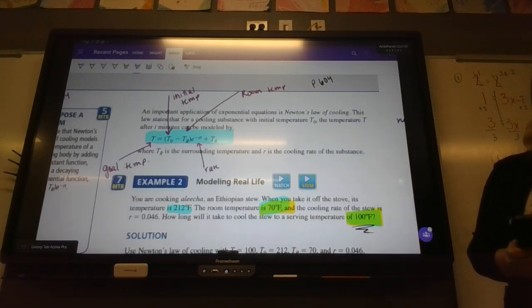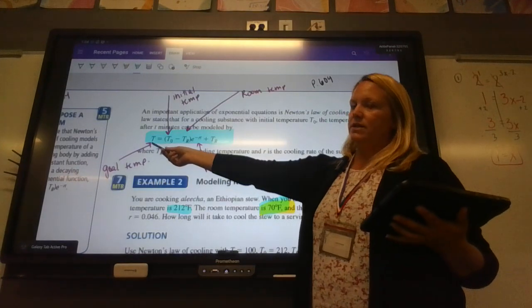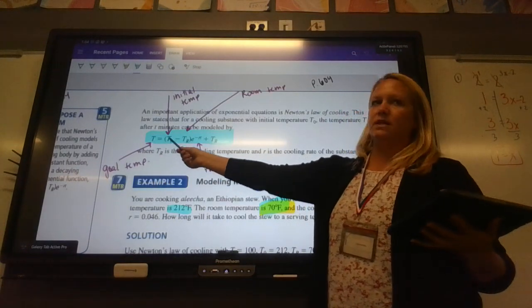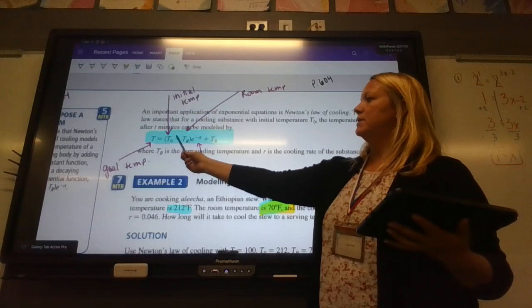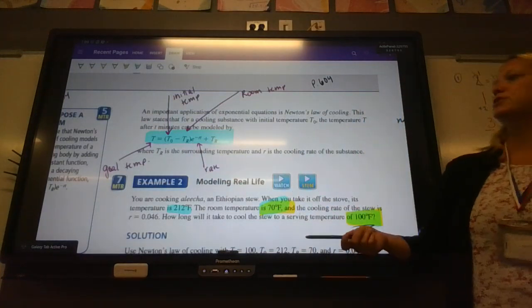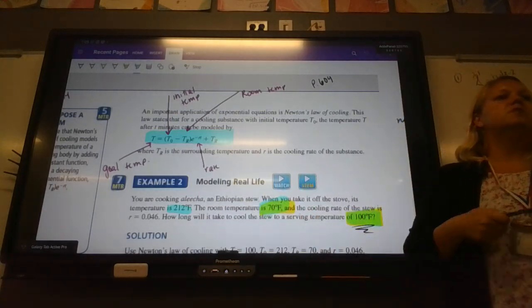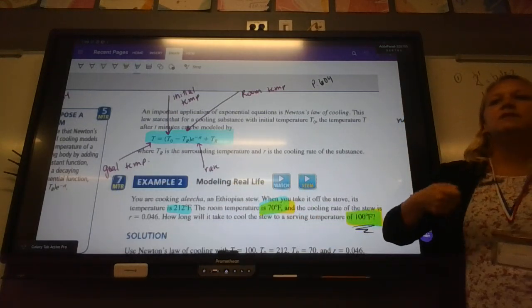Okay, so go ahead and label so you know where to plug in each thing. The regular T is your goal temp. T sub 0 is the initial temperature of the item. T sub R is the surrounding temperature, so that's the room temperature. E. Why is E a part of this? Well, in nature, something consistently cools.